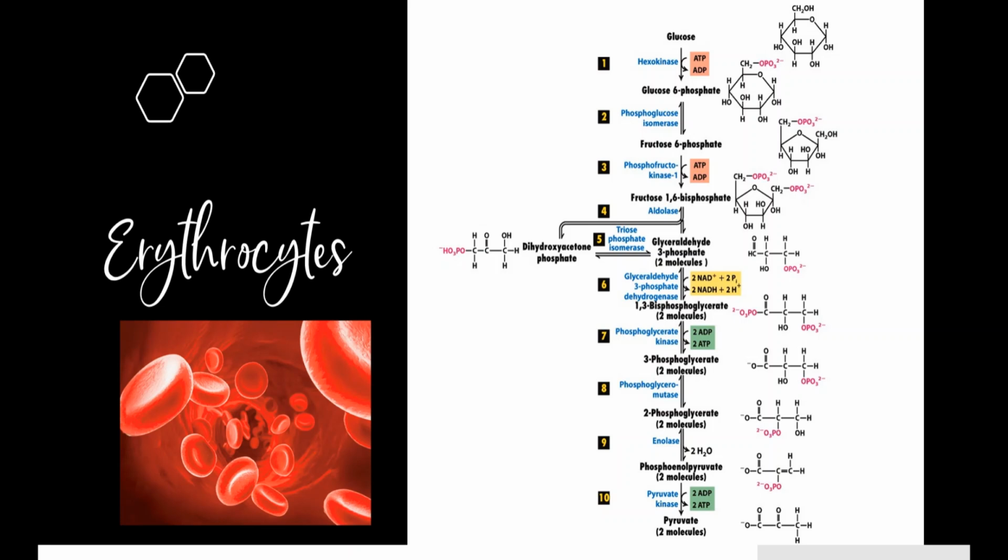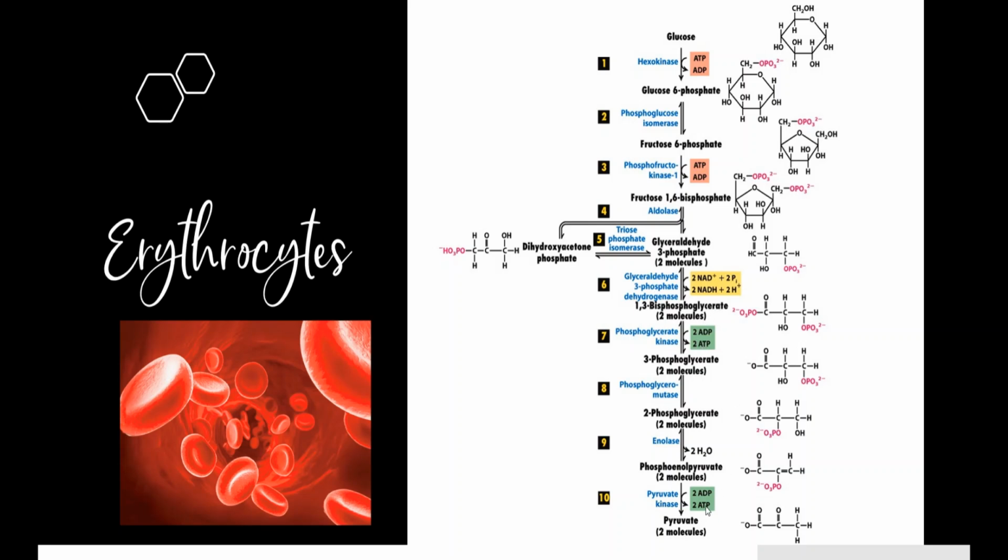When glucose is metabolized in the process, it utilizes 2 ATP, as in here, it consumes 1 ATP and another ATP. So your RBC consumes 2 ATP, and along the way, it generates 2 ATP plus 2 ATP.